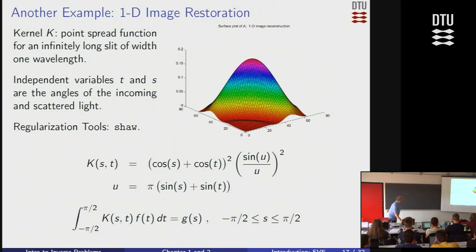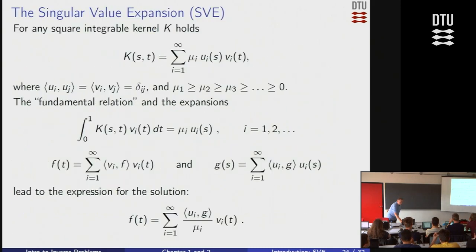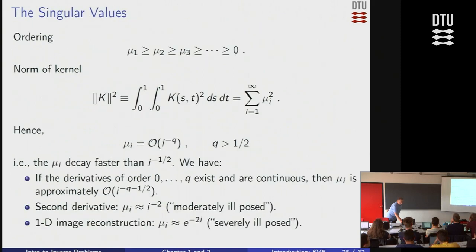So the kernel K looks nice and smooth, and since it's infinitely many times differentiable, we have exponential decay of the singular values. It turns out that that's actually bad. Okay, that means that these problems are very, very sensitive to perturbations of the right-hand side.